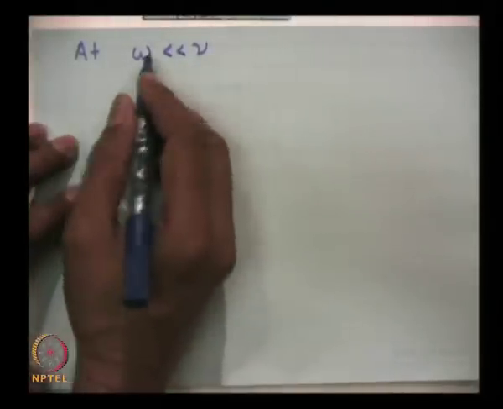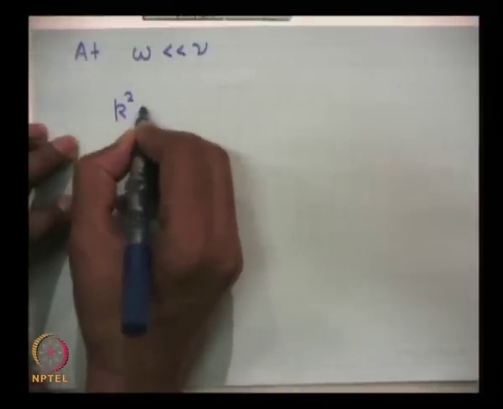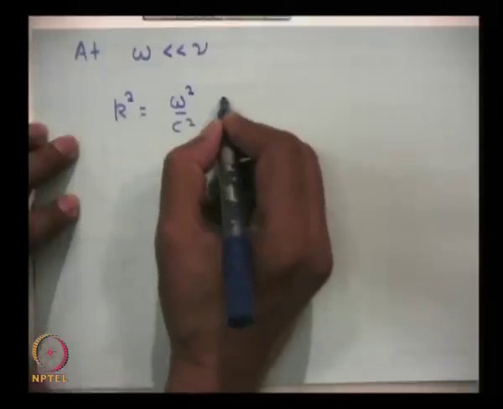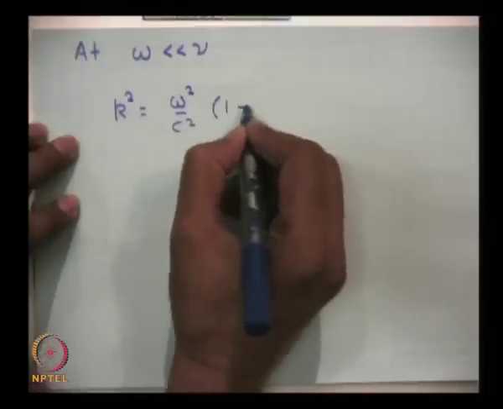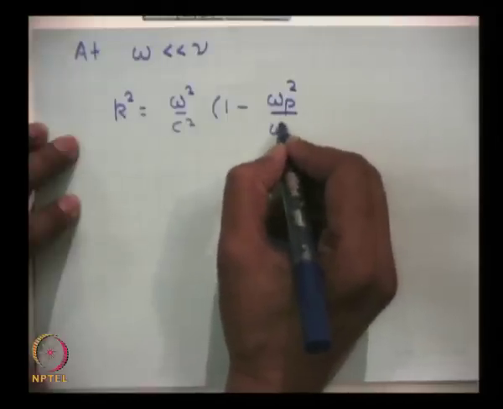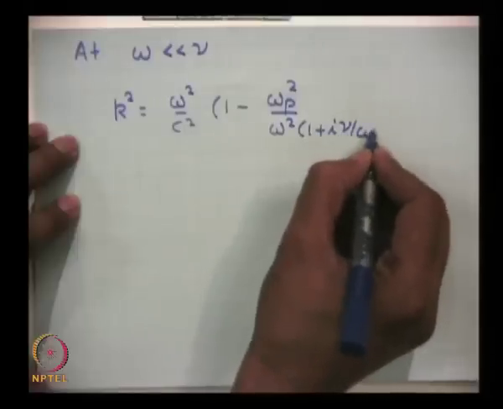So what will happen? In this case, k square is equal to omega square by c square into 1 minus omega p square over omega square into 1 plus i nu upon omega.